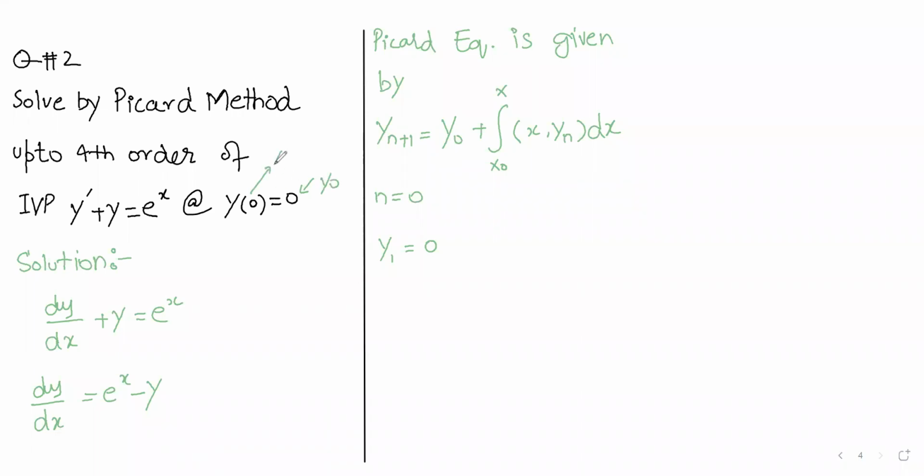This is x naught, right? So we will put this one and plus x naught is equal to 0 to x, and this value is dy by dx, so we can put it e^x minus y.